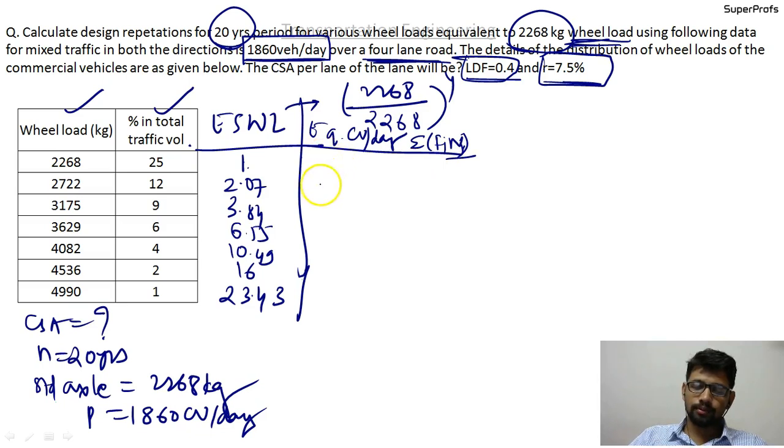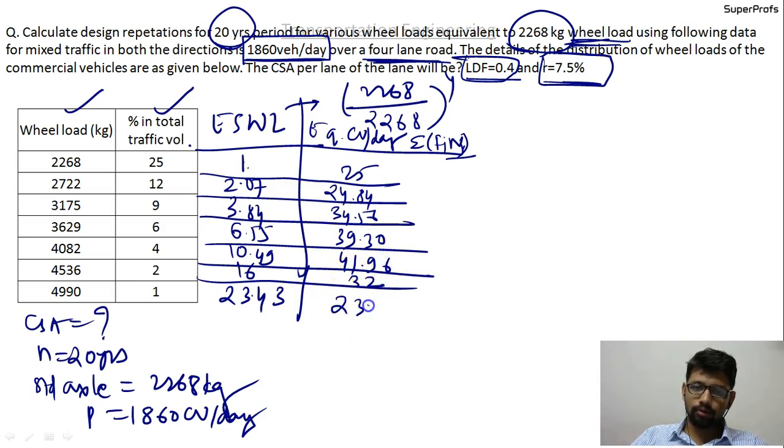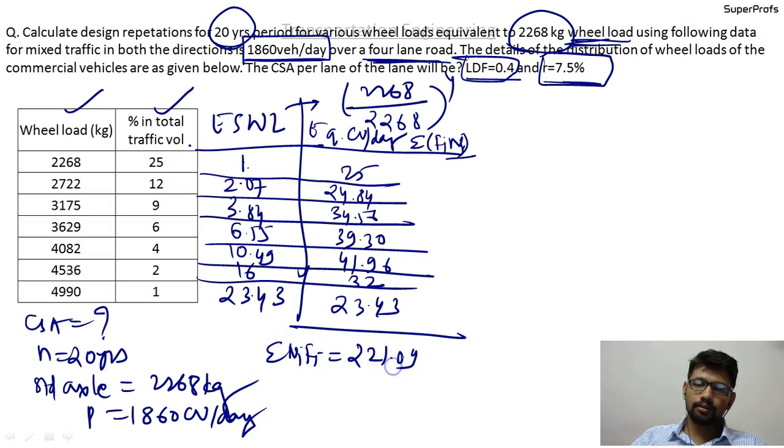That comes out to be 25, here it is 24.84, next one will be 34.56, 39.3, 41.96, 32, and 23.43. The summation of which, summation NiFi, will be equal to 221.09.